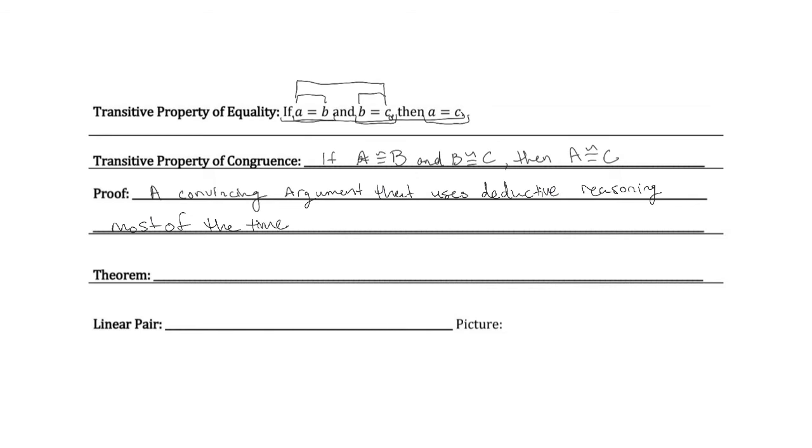And the format, which we just went over, is usually a two-column proof.